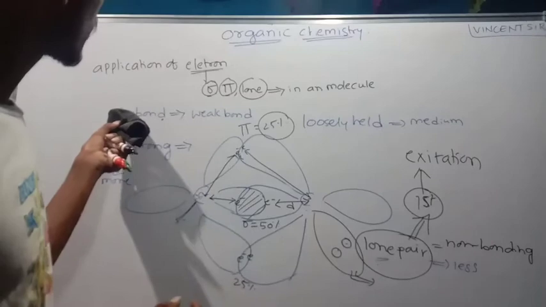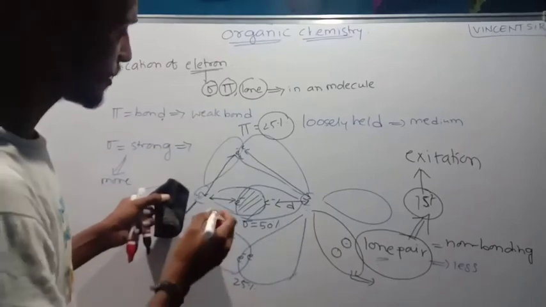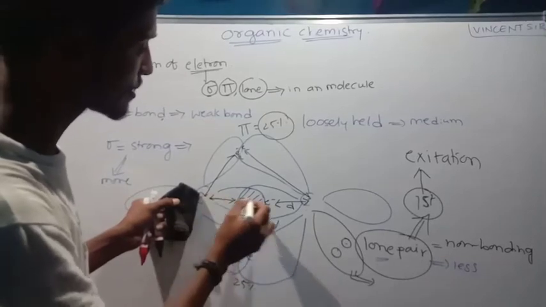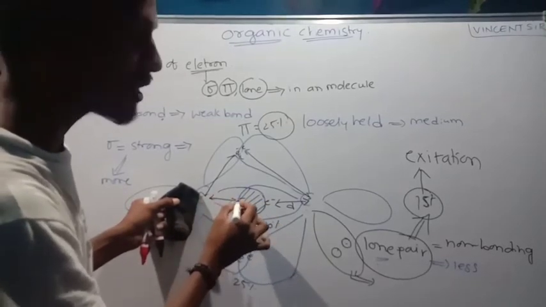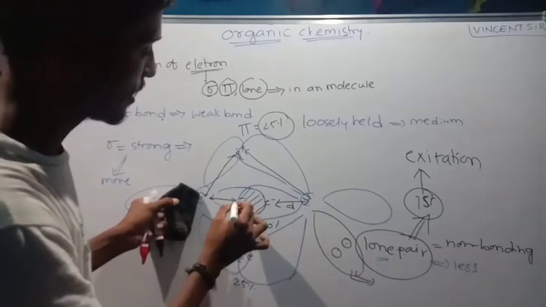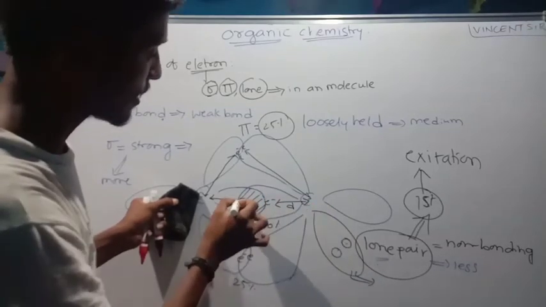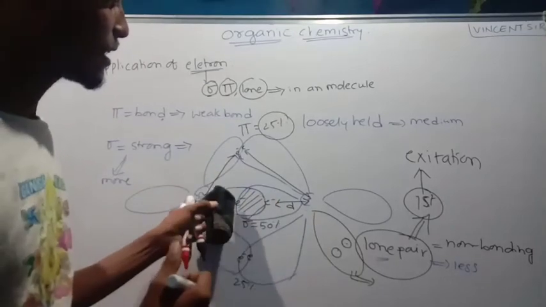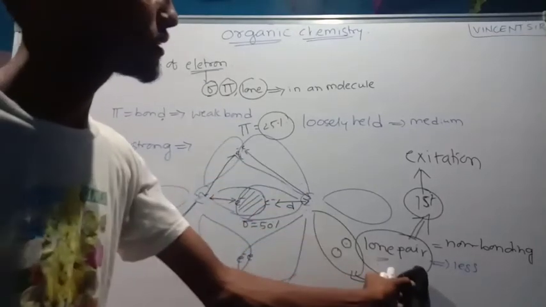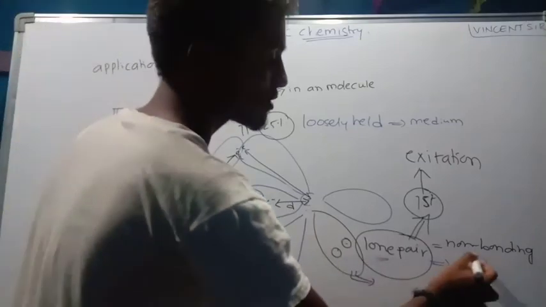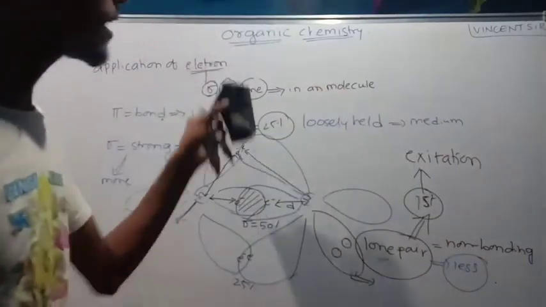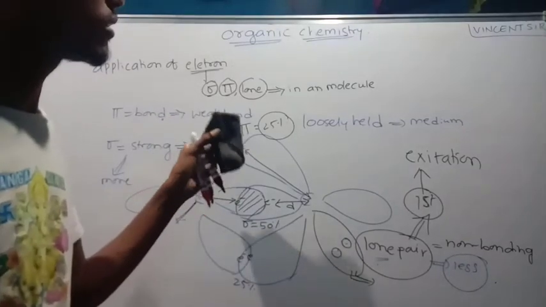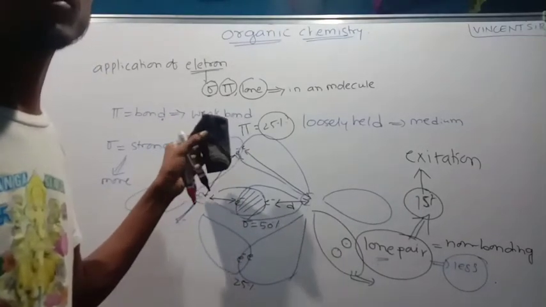That's why the pi bond is weak, and in the sigma bond the protons of this carbon have strong Coulombic interactions with the electrons of this element. That's why the sigma bond is strong, and this one is a weak bond which requires very less energy. And the same principle you need for UV visible spectroscopy.